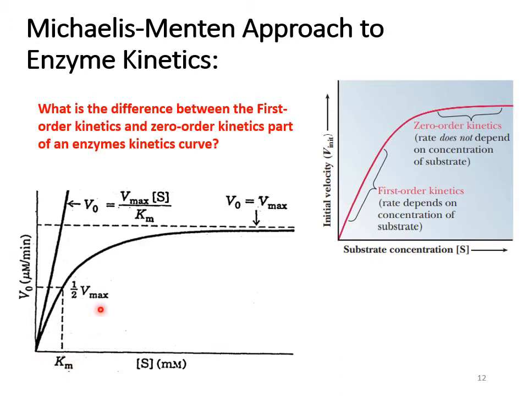So make note of this point here, that when the rate of the reaction, which is the y-axis, is half of the maximum value, half of the Vmax, that is when you see the substrate concentration being represented as the Michaelis constant.